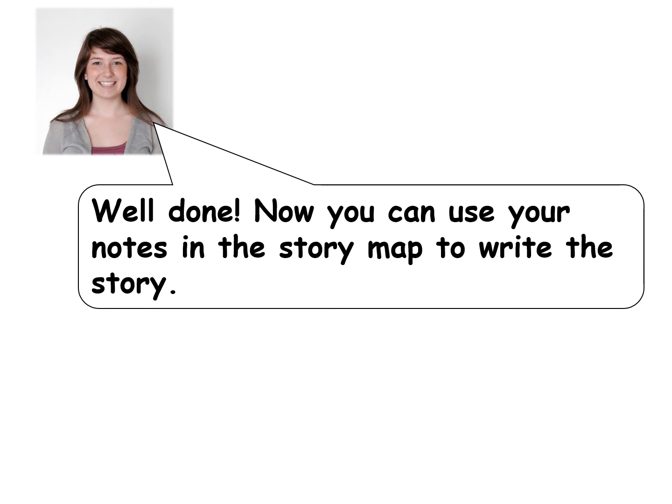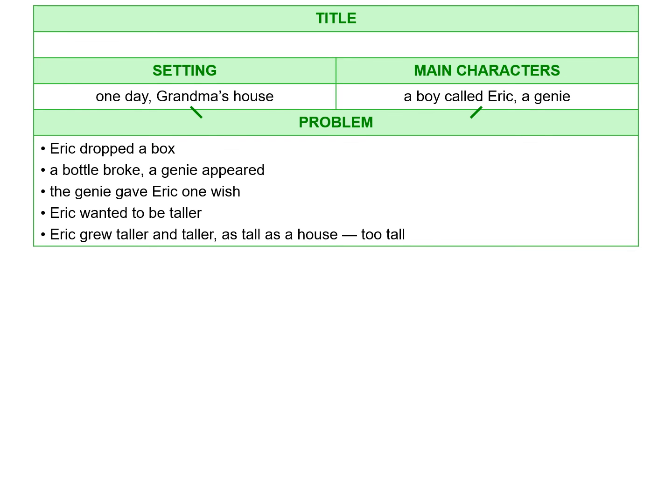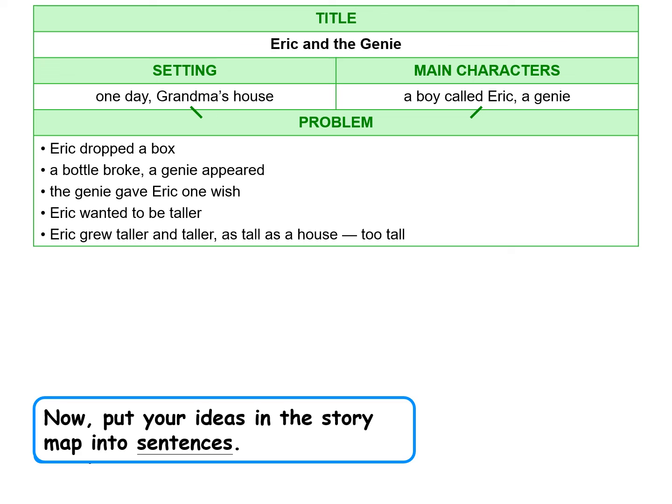Well done! Now you can use your notes in the story map to write the story. First, give your story a title. Now, put your ideas in the story map into sentences.